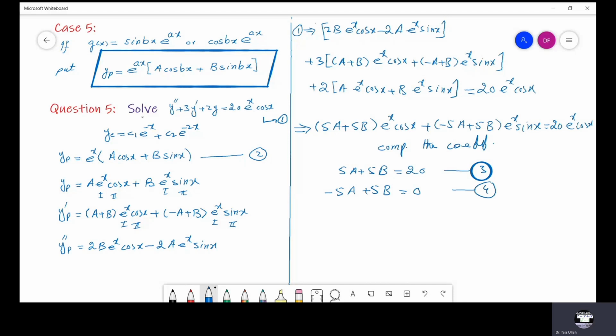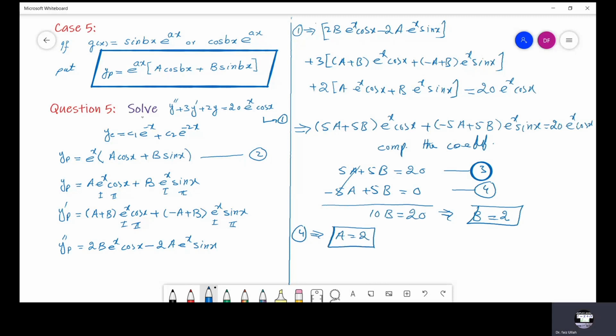This is equation number 4. Now let us solve these two equations. So if I solve these two equations, I get 10b is equal to 20. And from here we get that b is equal to 2. Putting b is equal to 2 in 4, we have a is equal to 2.